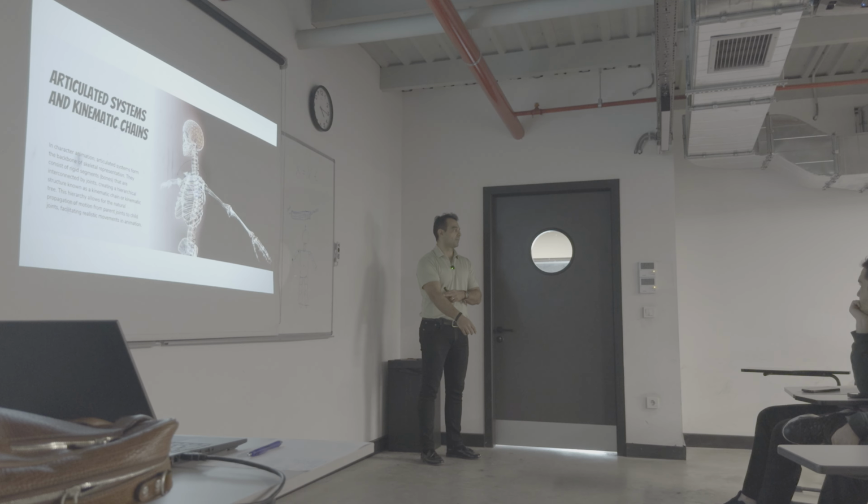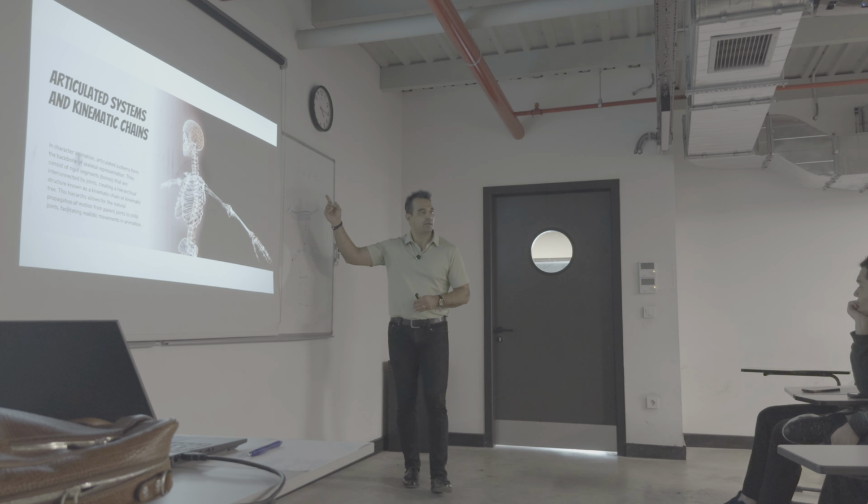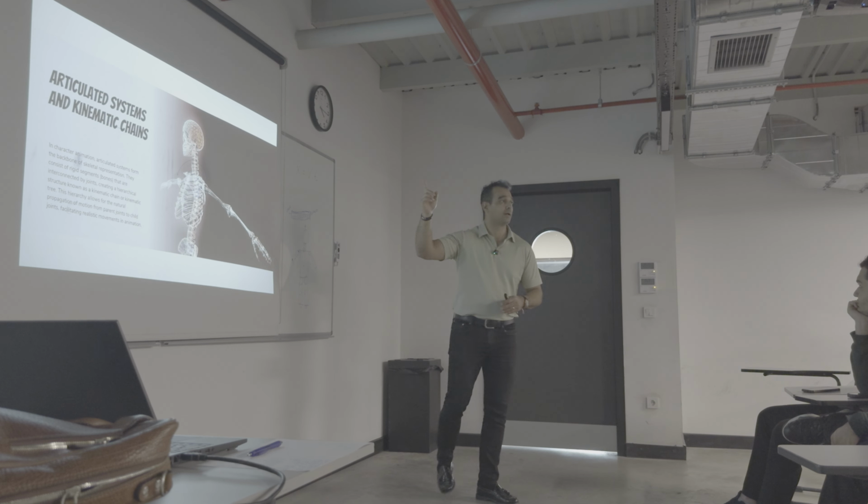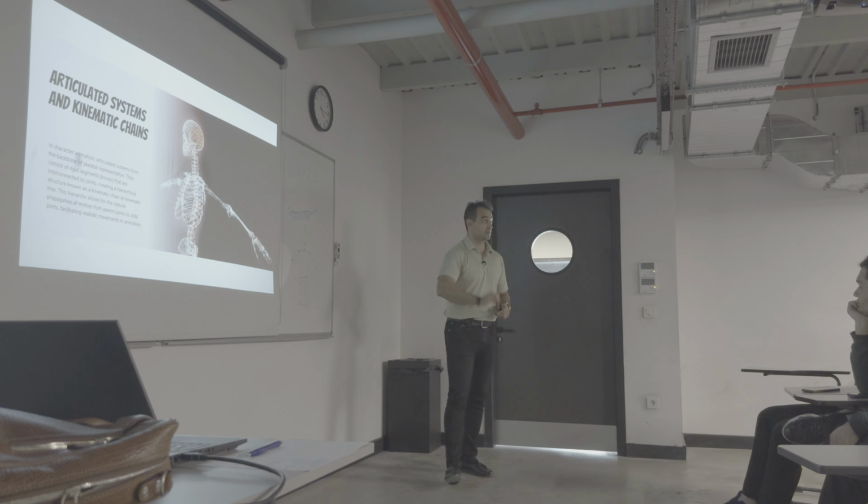If I calculate the forward kinematics with actuator, joint, and rigid body, I can calculate the last position of my hand. Okay? That is the kinematics. X equals V dot T. Okay? That's kinematics.